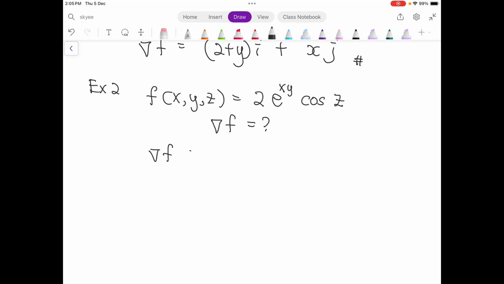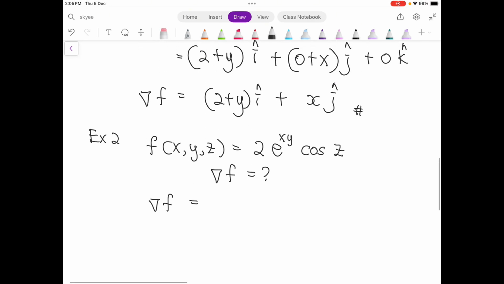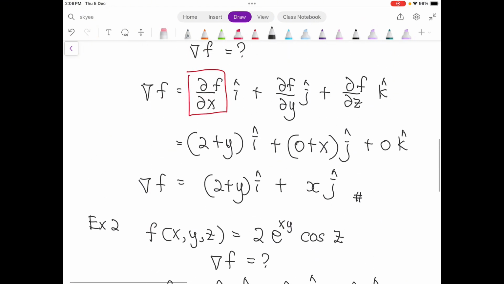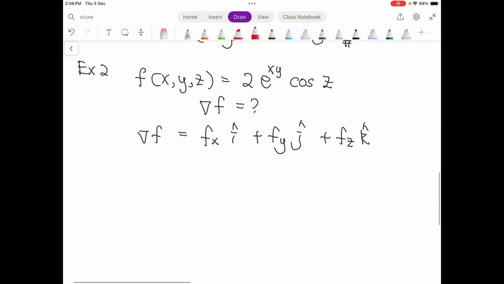I'm going to use this symbol to represent it, which has the same meaning as the previous one. This one is equal to f_x, this one is f_y, and this one is f_z. I'm just using different representations.